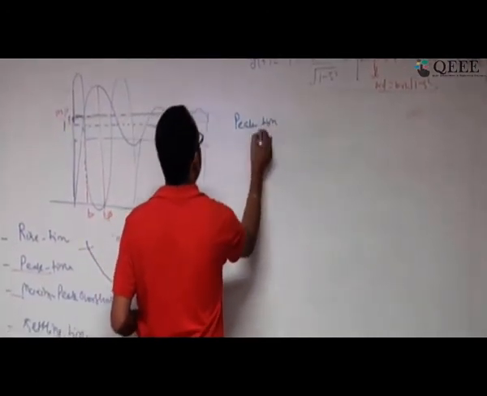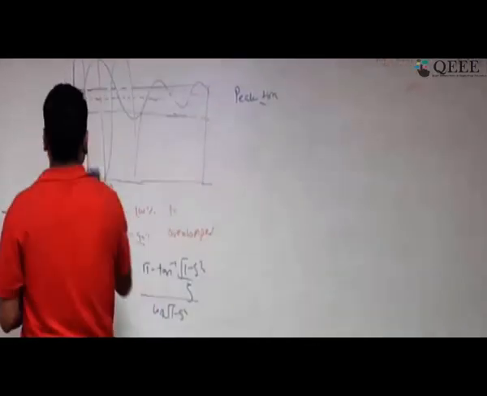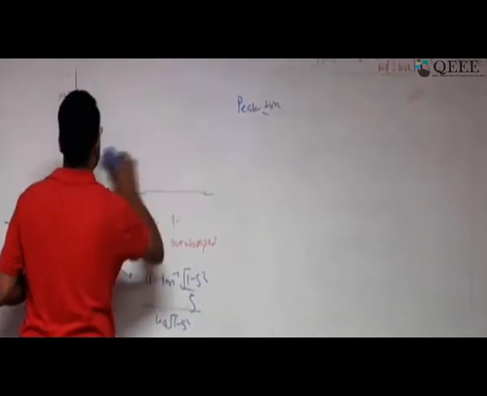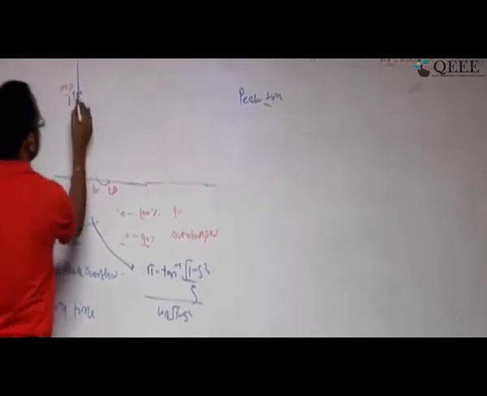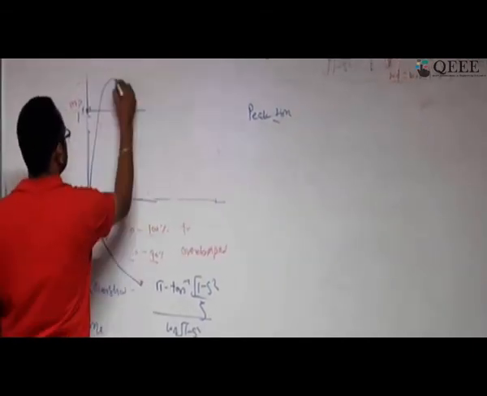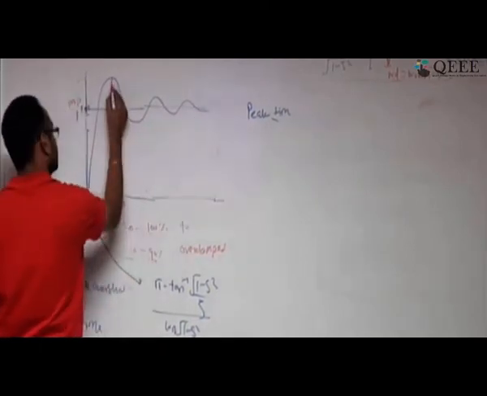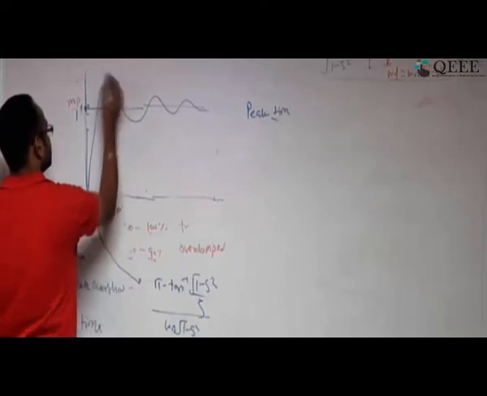As I mentioned, let me draw it again. Same thing, I am just drawing it. This is a typical behavior. This is the time I want to know: at what time I am reaching this peak.